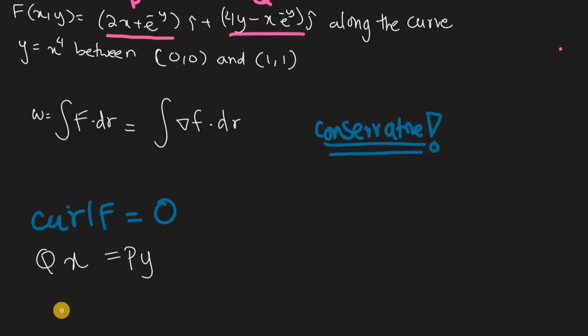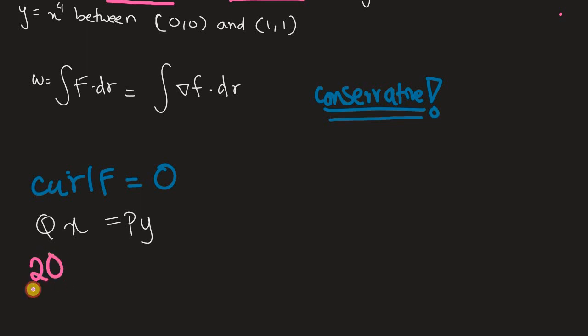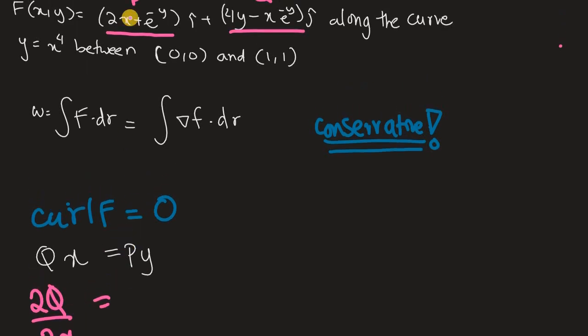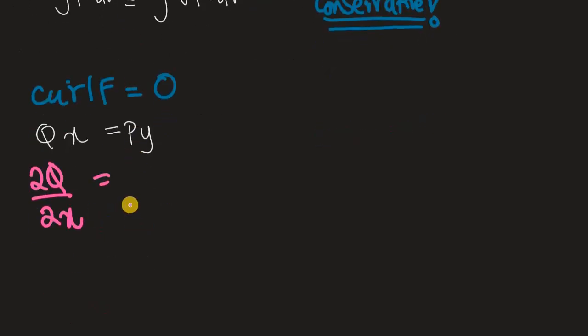So this simply means the partial derivative of Q with respect to x is equal to the partial derivative of P with respect to y. So these two are the same notations, just written differently. Like here, Q with respect to x and, sorry, this has to be P with respect to y. These two are exactly the same notation.